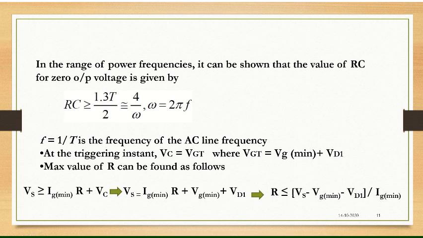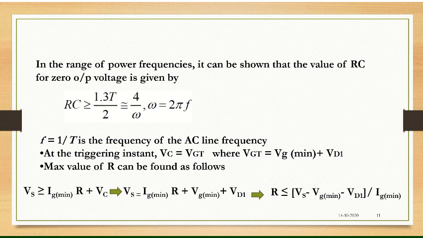Based on this, the maximum value of R can be found. This would be the voltage Vs, at the moment of the input voltage at which the triggering takes place. It should be greater than or equal to Ig minimum times R plus Vc, where Vc is the voltage across the capacitor.